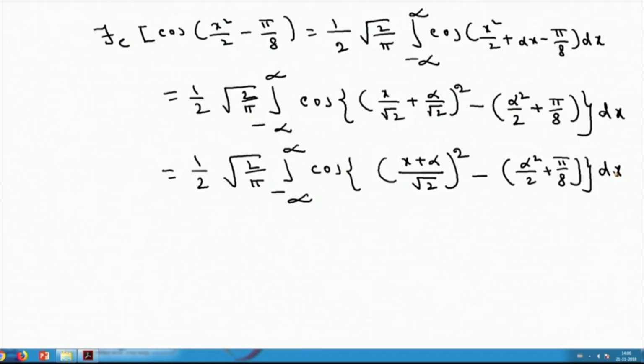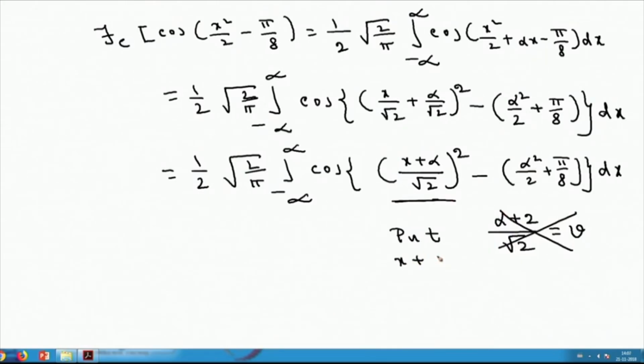Now on this integral, I assume x plus alpha by root 2 equals v. I am substituting, so you put this term: x plus alpha by root 2 equals v.